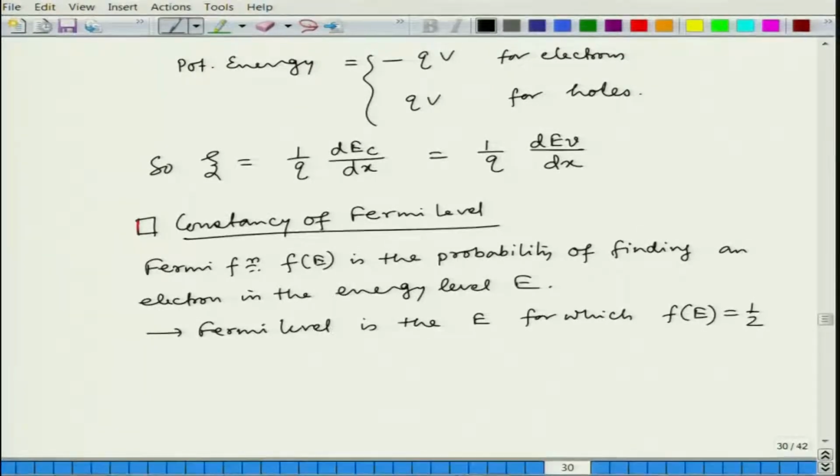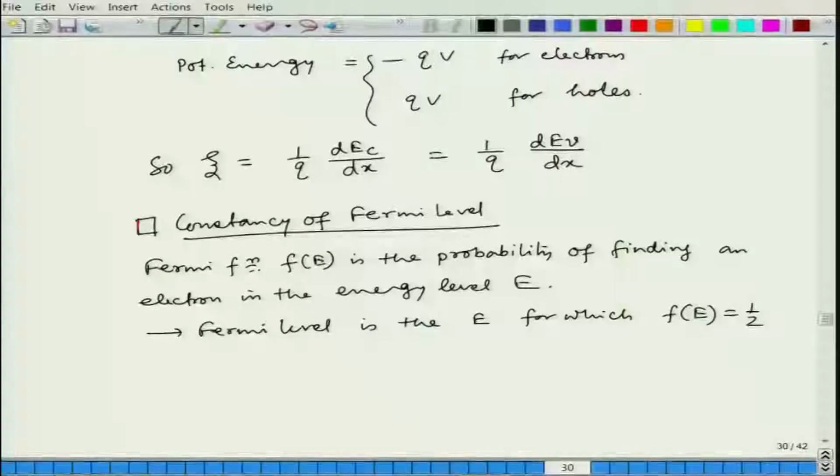So, it is important to think of this physical meaning, because otherwise you can mathematically juggle many things, but the fundamental idea or concept will never be clear. So, please pay attention that why the Fermi level has to be constant, the constancy of Fermi level principle is based on this physical concept, that it is the probability.